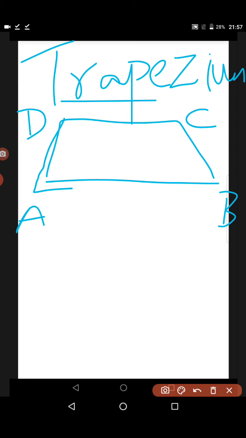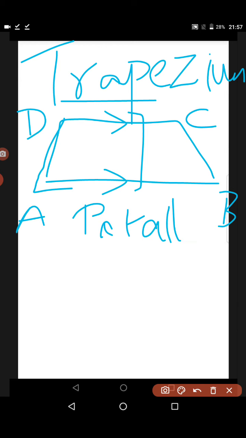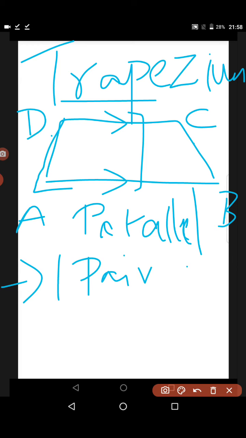Here we are having two arrow marks. Why have I kept them, do you think? These arrow marks represent that they are parallel. So if they are parallel, it will be like this, two arrow marks. These two are not parallel, that's why we didn't keep any arrow marks. So this quadrilateral has one pair of parallel sides. I have already told you, one pair of parallel sides, right?